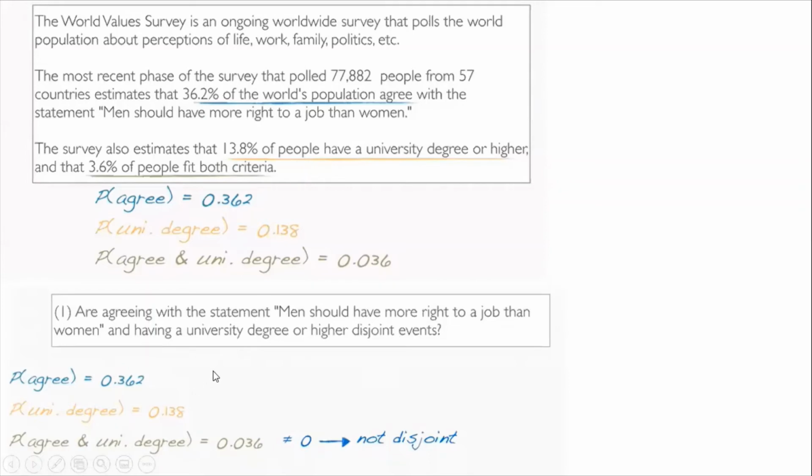We have to prove that the intersection is 0. The intersection is not 0 in this case, it is 3.6%, so they are not disjoint events. The number already gave you the answer.